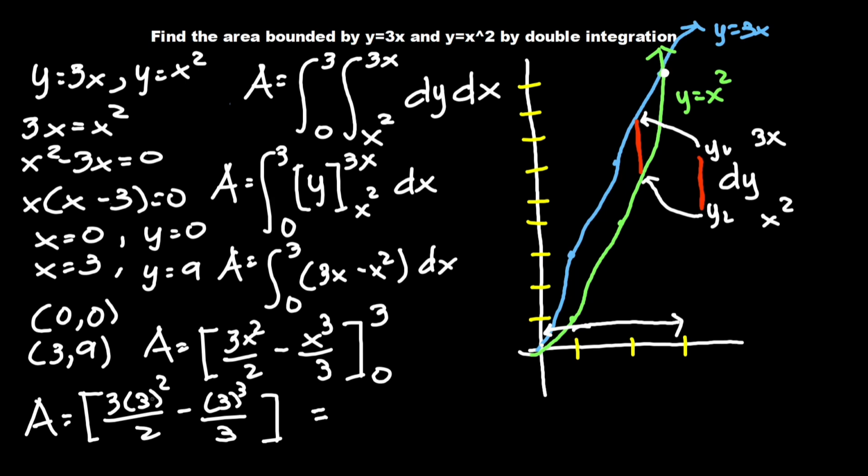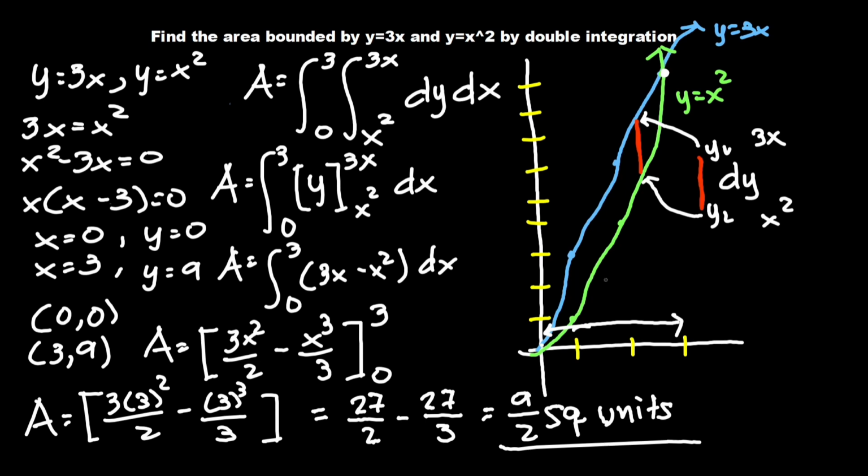So 3 squared is 9, multiplied by 3 is 27 over 2, minus 3 times 3 times 3, which is 27, over 3. So now calculating this would equal 9 over 2 square units. This is the area now.